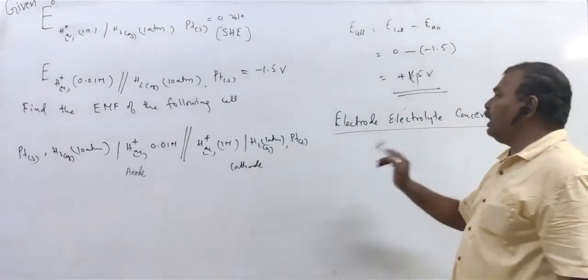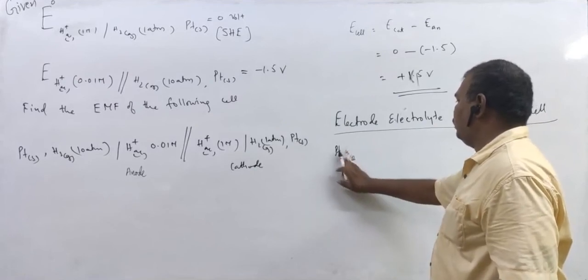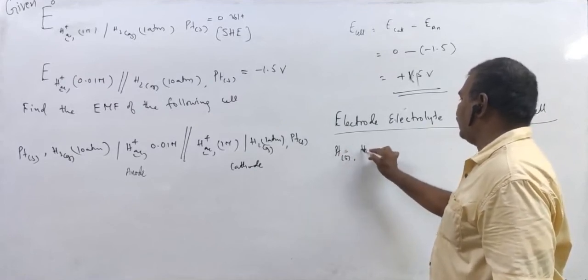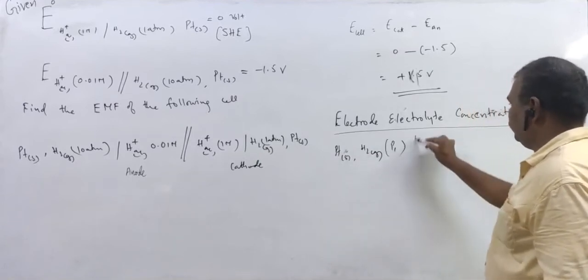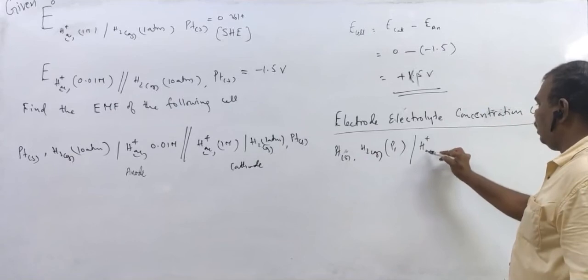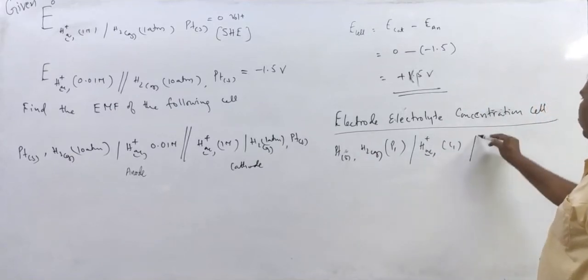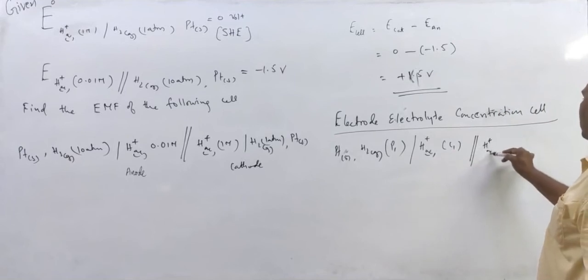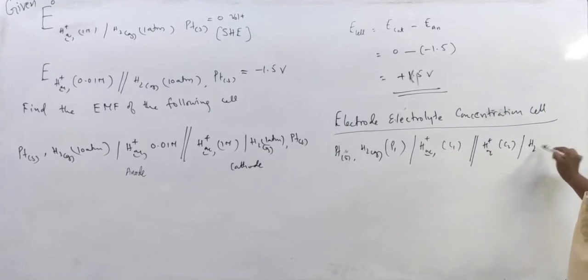So, a general example: Pt solid, hydrogen gas at P1 atmosphere, in contact with aqueous H plus ions of C1 concentration, then H plus ion concentration of C2 molar, contacted with hydrogen gas at P2 pressure, platinum solid.